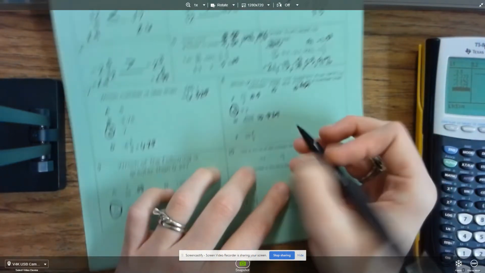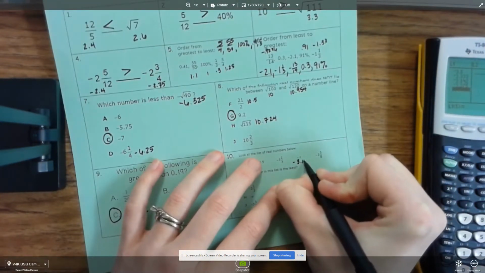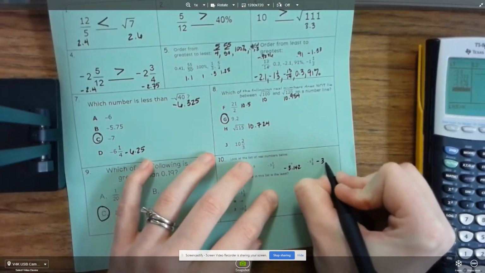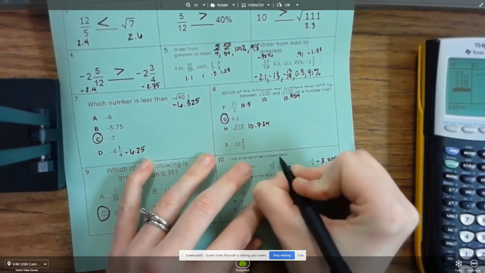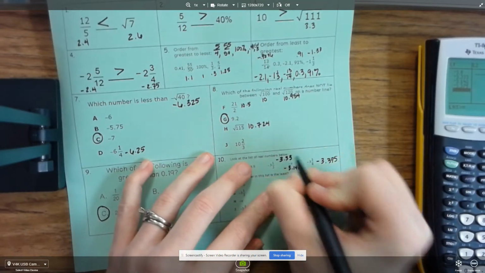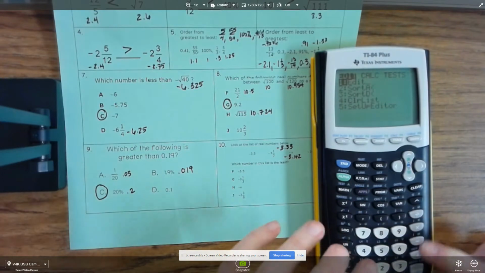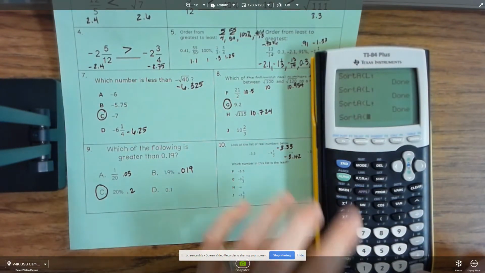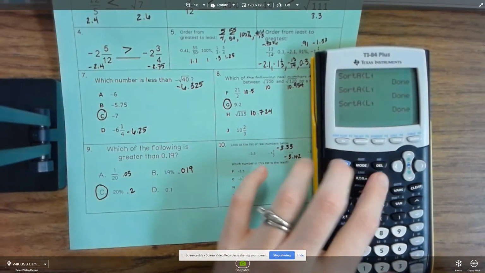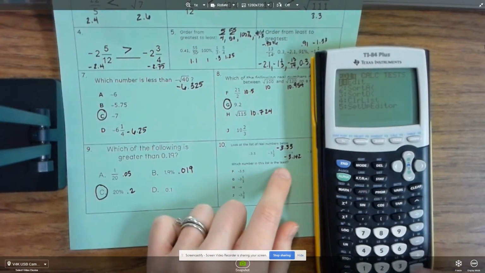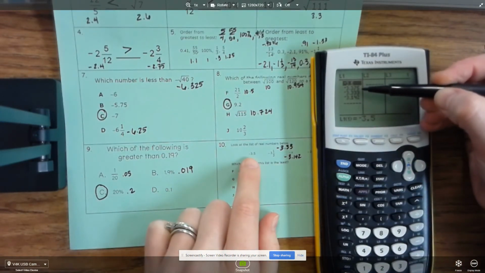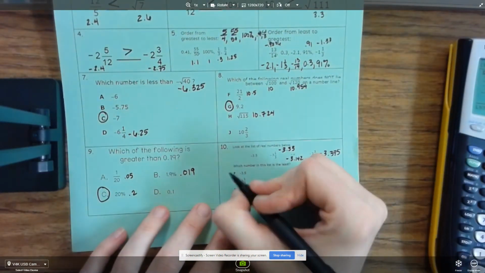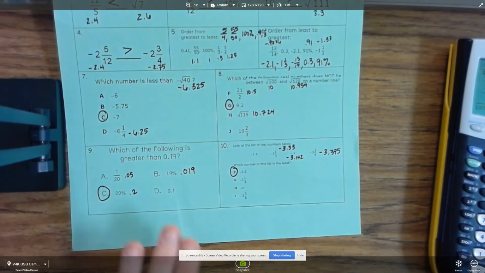This one was negative 3.142, negative 3.375, and negative 3.33. So stat, ascending, and I want the least, so that's going to be the number at the top. So negative 3.5 is the least. So that's it for this video.